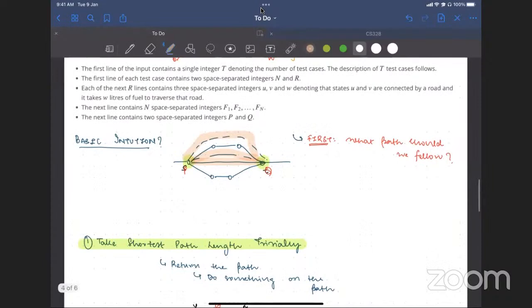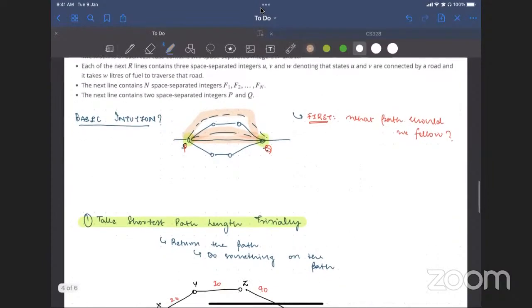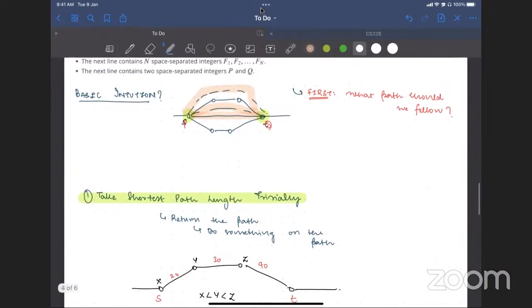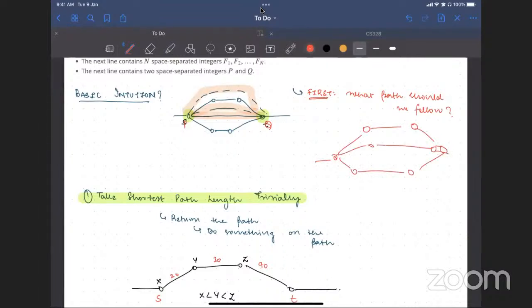So let's say you got the shortest path from P to Q, in a very complex graph. And you somehow managed to get the shortest path from S to T, maybe using the Floyd-Warshall algorithm, or trivially Dijkstra's algorithm, since weights are non-negative.